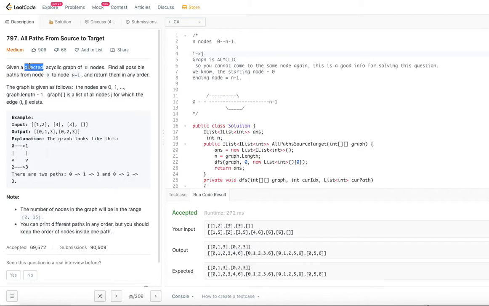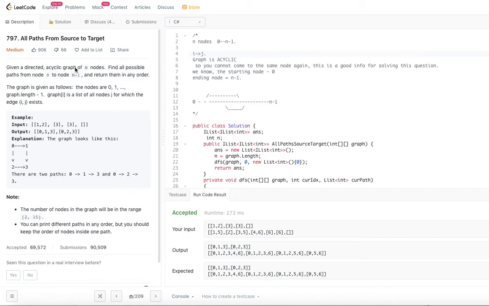So in this case, if there is a path from i to j, you can only go from i to j. The reverse is not true. That's the first understanding.